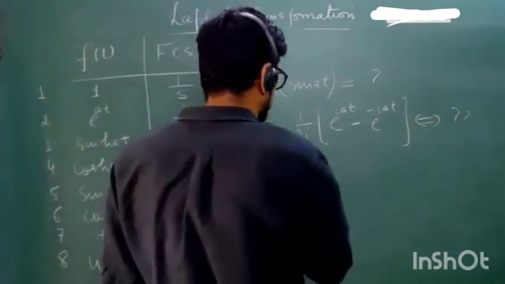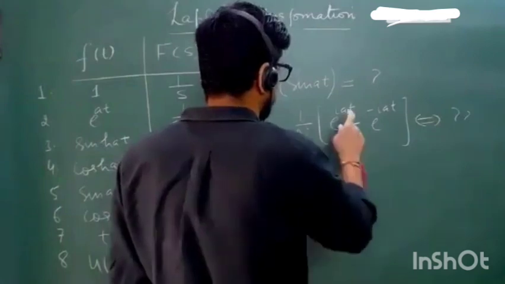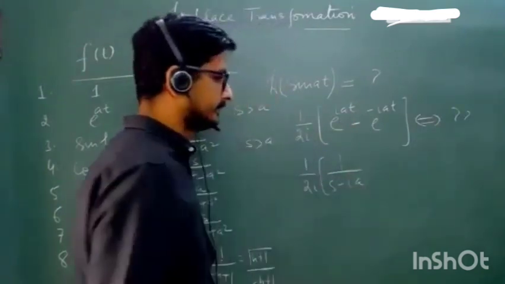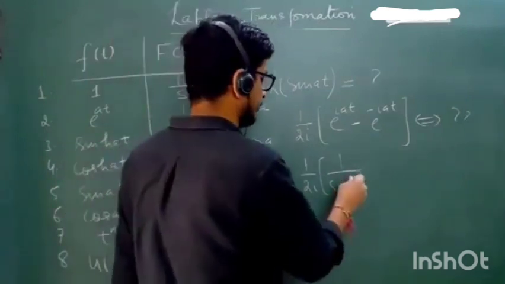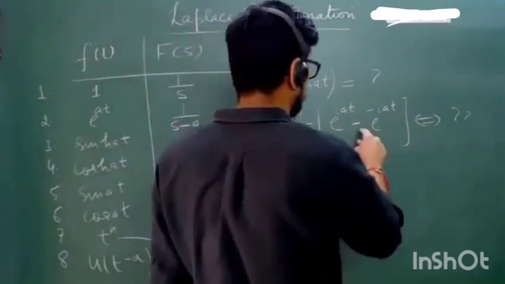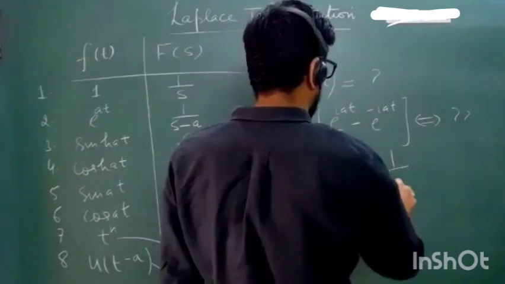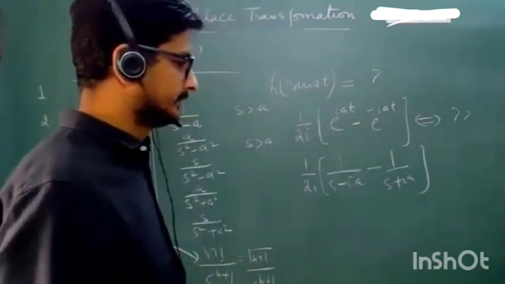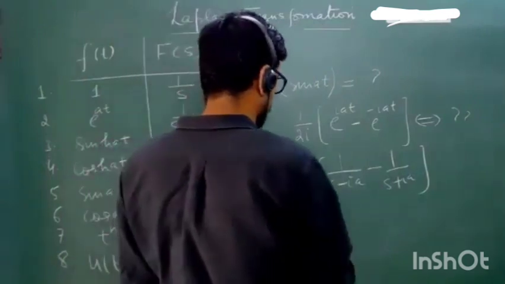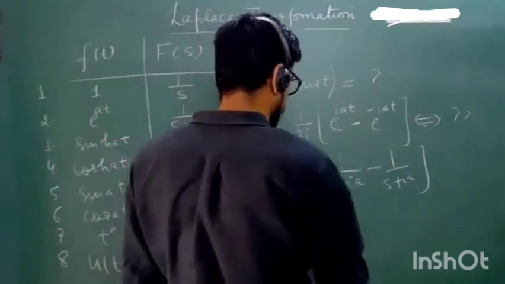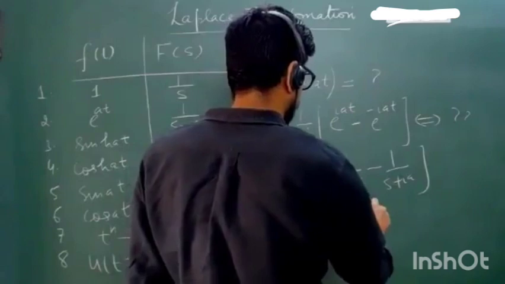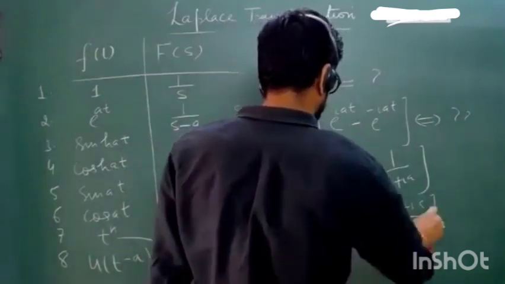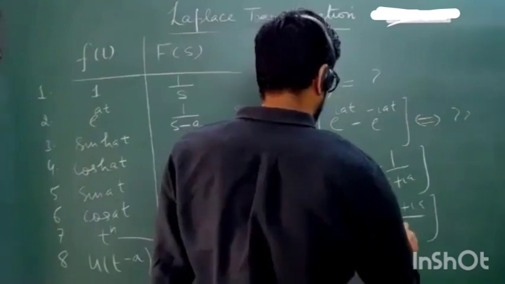It will become 1 by 2i. For this it will become 1 upon s minus ia, and minus, for this it will become 1 upon s plus ia. Correct? When you solve this, it will become 1 by 2i times (s plus ia minus s plus ia) over s square plus a square.